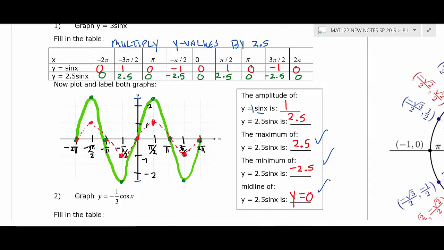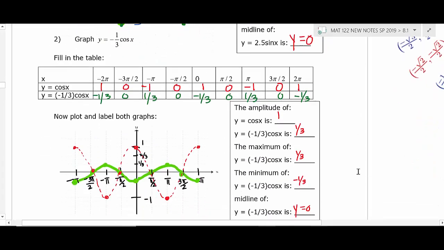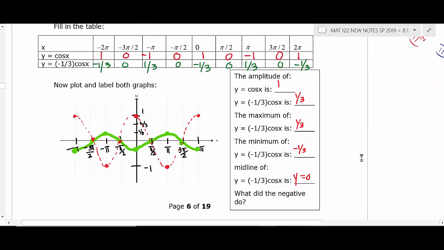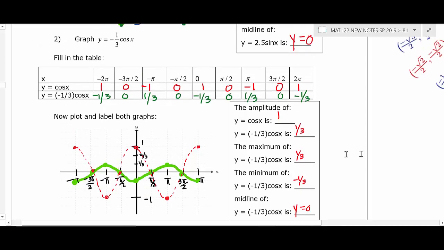Okay, pause if you need to correct anything. Otherwise, I'm going to move on to the second one and let you check over how you did on this one. Okay, so on the second one, make sure that your row for the cosine is accurate. And then what we're doing is, because of that -3, we're multiplying y values by 1/3, or by -1/3.